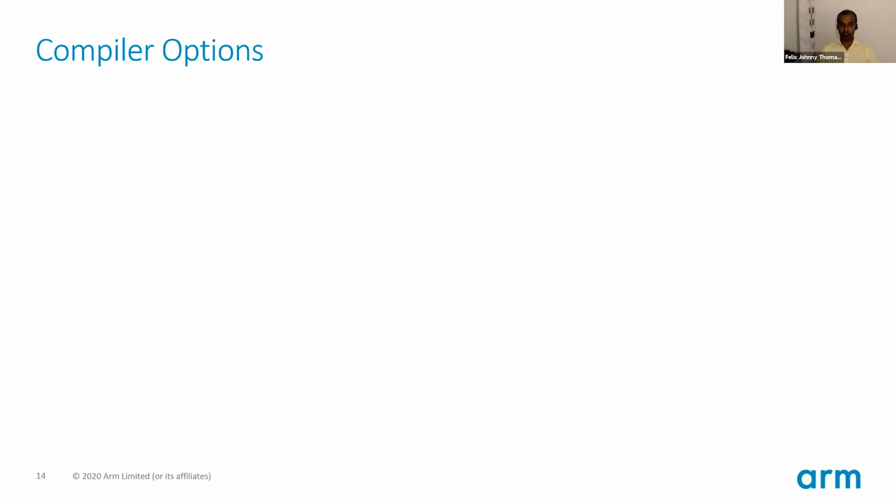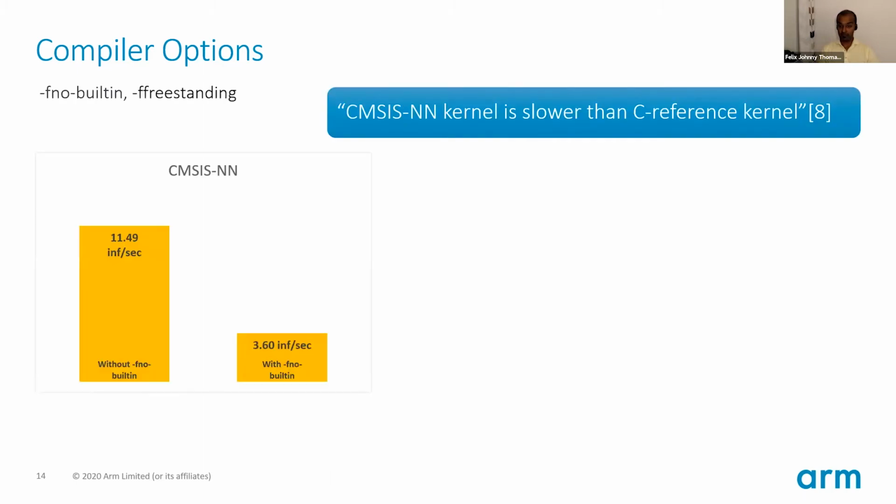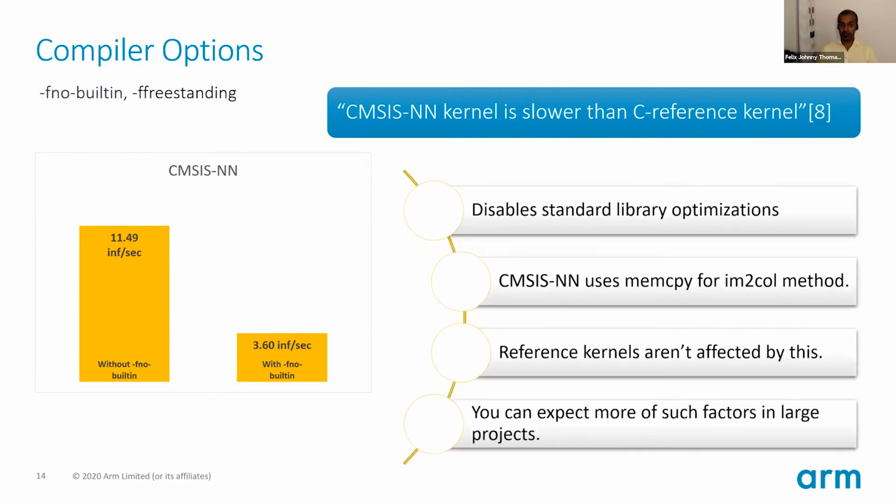Now, for the person-detect model, with -fno-builtin enabled, the performance drops to 3.6 inferences per second, which is just slightly better compared to the reference kernels. And depending on your board, you might get a lower performance than the reference kernels.